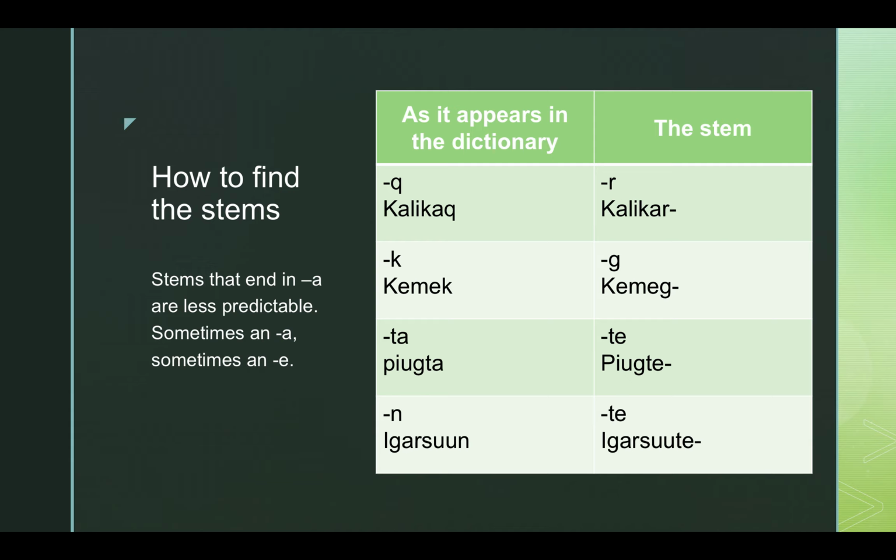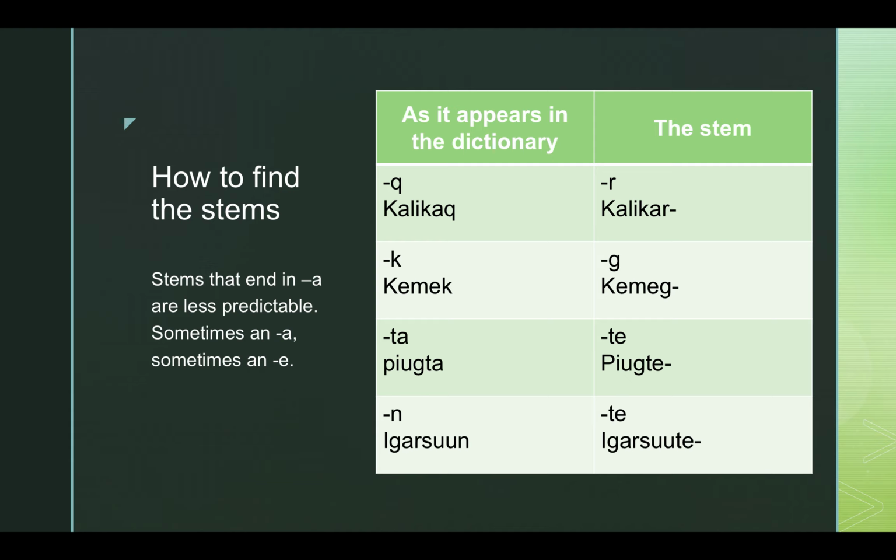So for things ending in Q, their stem will end in R. For things ending in K, their stem will end in G. For things ending TA, like buchta, their stem will end in E, TE. For things ending in N, their stem will end in TE.